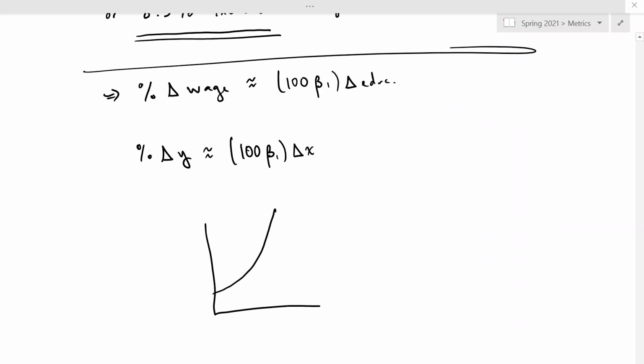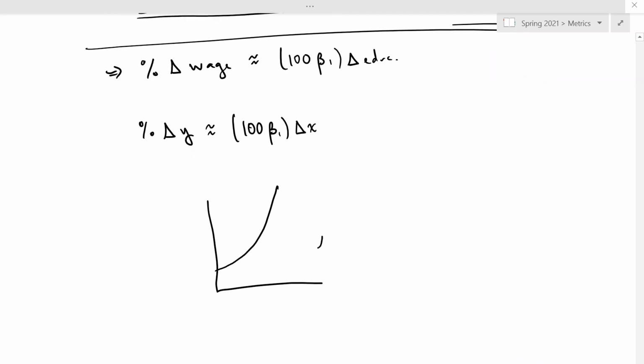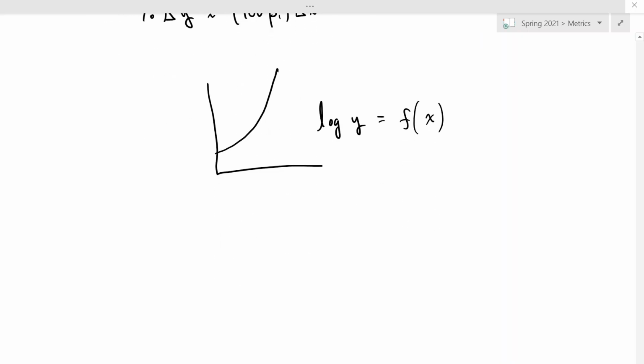Okay, and so, again, the main reason to do a log level model is to get an exponential relationship. That'll do log of y as a function of x. In the last video, we saw if we want a diminishing relationship, we do y as a function of x and x squared.